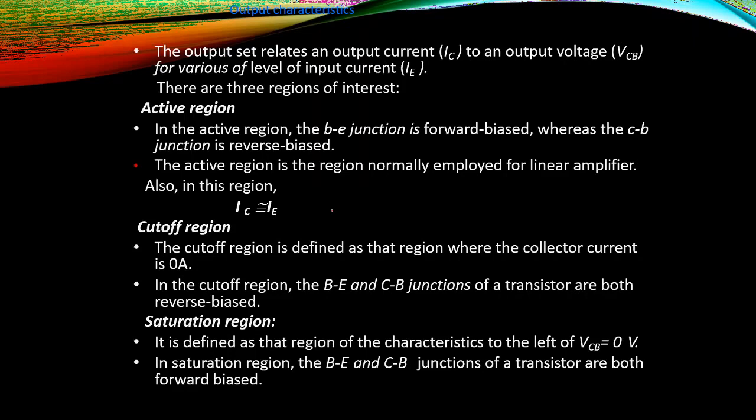Or else, whenever the JE junction and the JC junction are both forward biased, we get a large amount of current, and we call it the saturation region. So thank you.